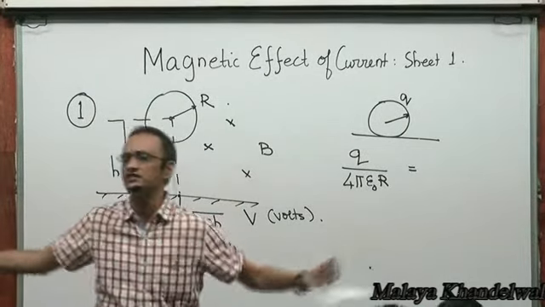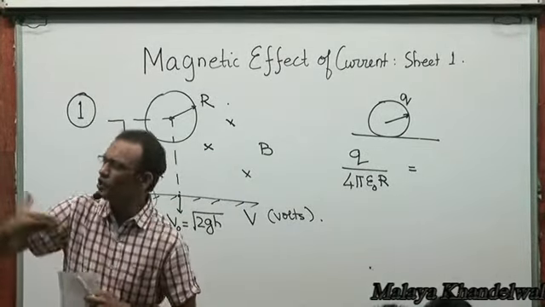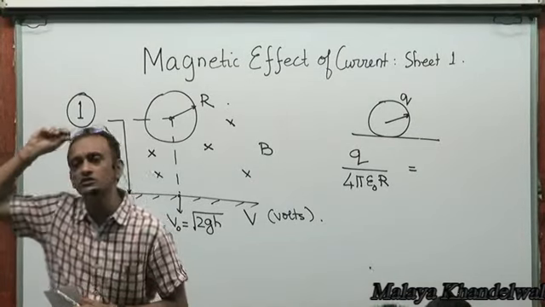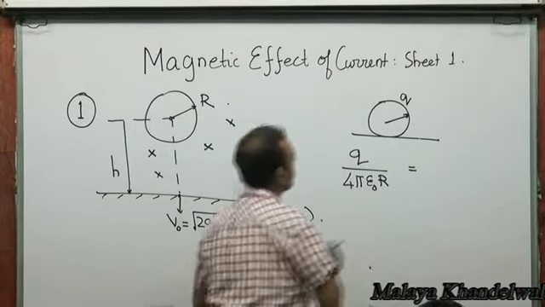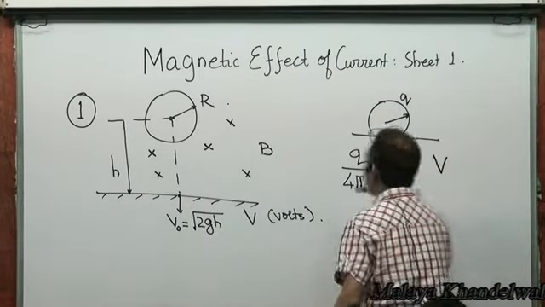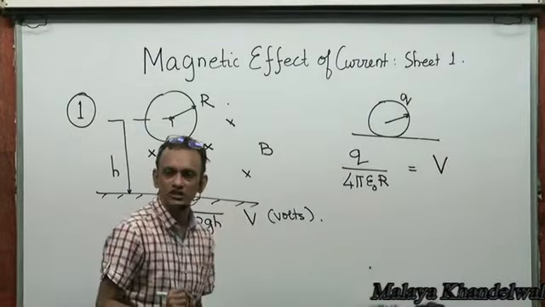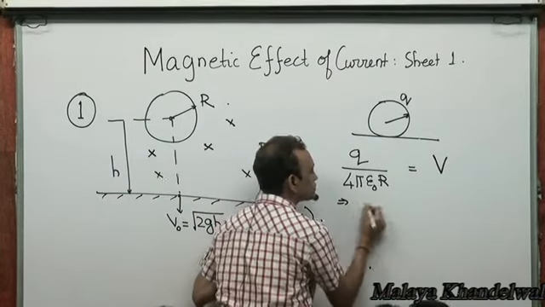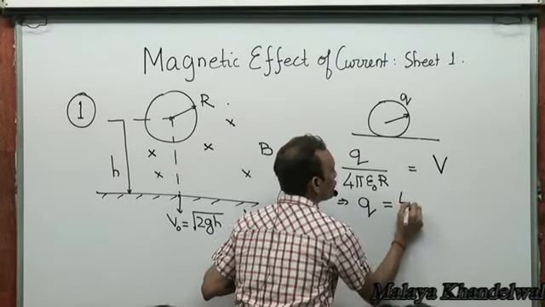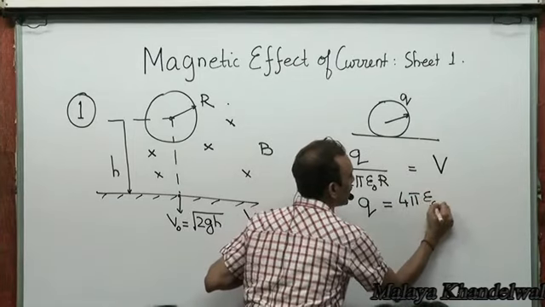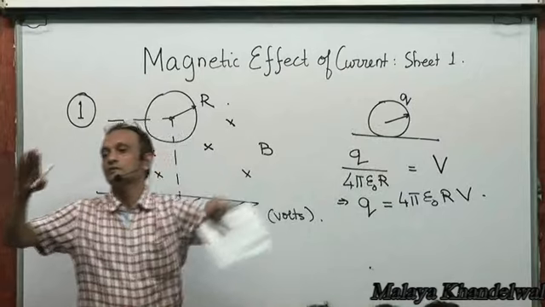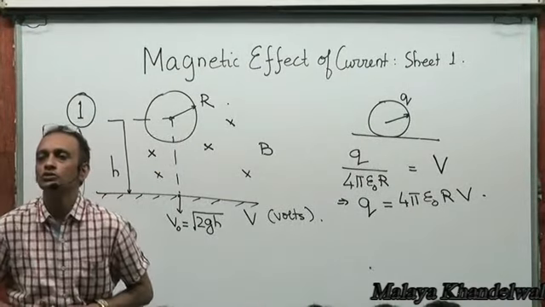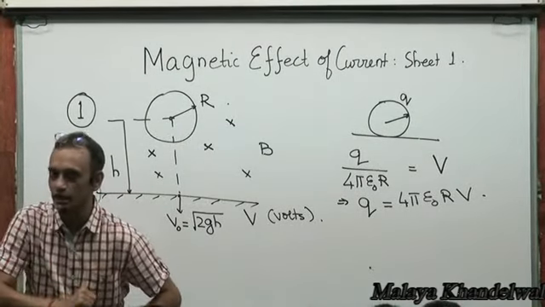The conducting plane being so huge, some loss of charge from it will not result in a change of potential of the plane, right? That's a good approximation. So then q is obtained from these considerations. So q is 4 pi epsilon naught r into V. That's the charge that collects on the sphere during that short time of contact with the conducting plane. Clear?